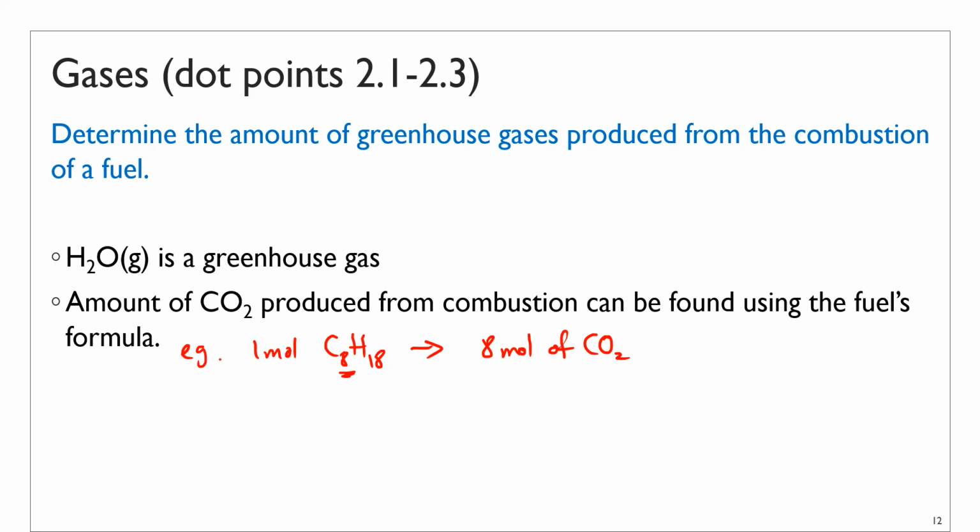So if the combustion is complete, you just need to look at this. If I have C13H28, some form of kerosene, I think, 1 mole of that is going to give you 13 mole of CO2. Simple as that. So you don't have to necessarily write the equation of combustion to work out how many mole of carbon dioxide should come out from the combustion of 1 mole of a fuel.